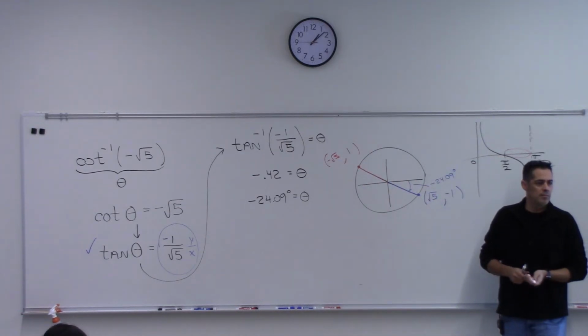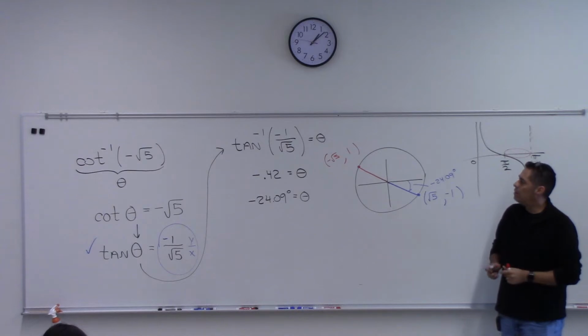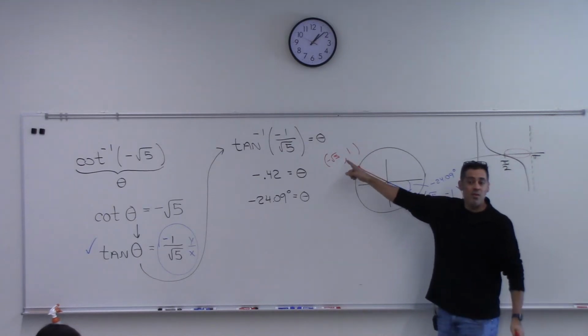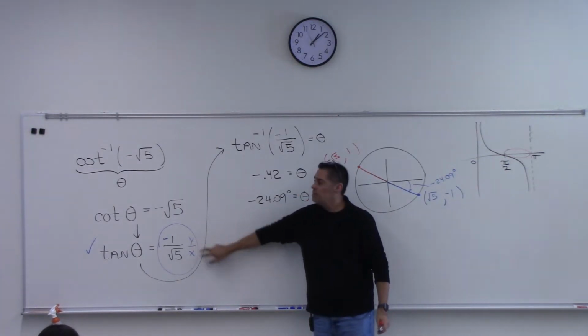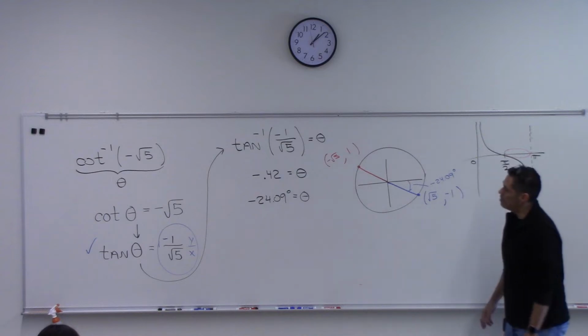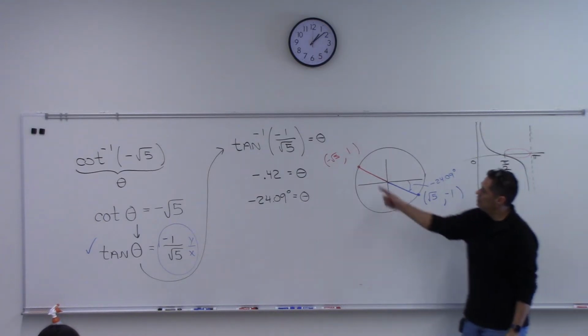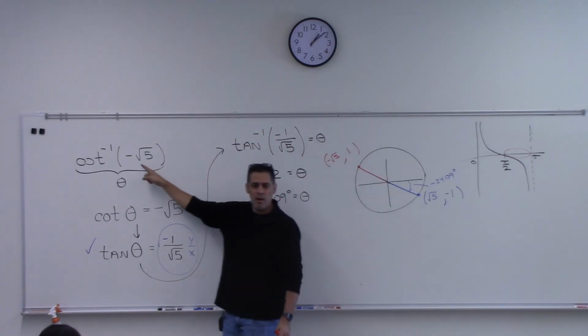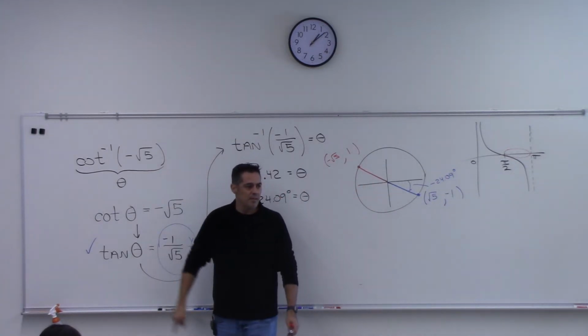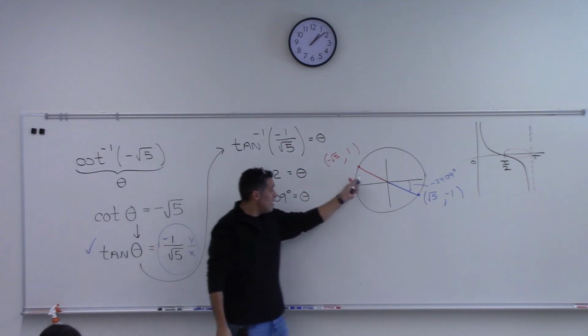Now, if we're here, what's cotangent of that angle? If tangent's y over x, then what's x over y? Negative root 5 over 1, which is what we want, right? So this is the correct angle.